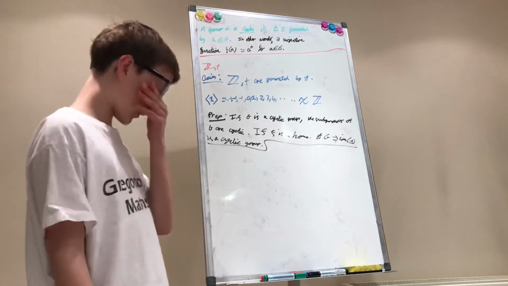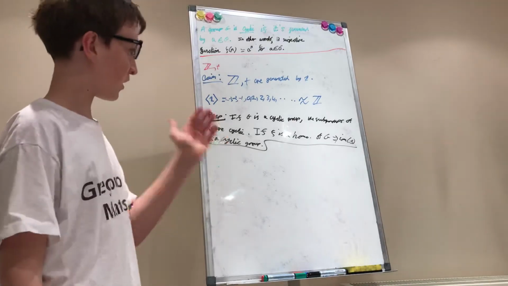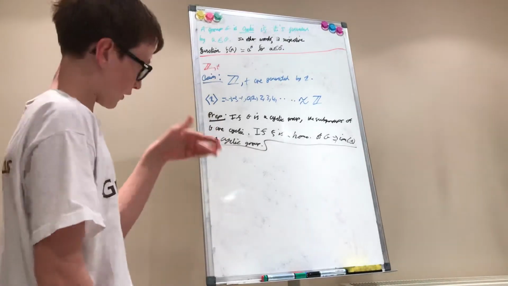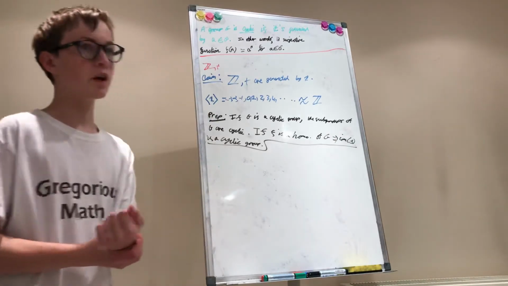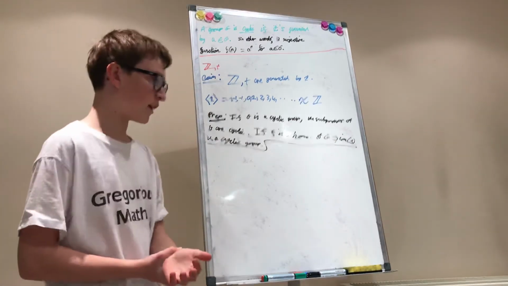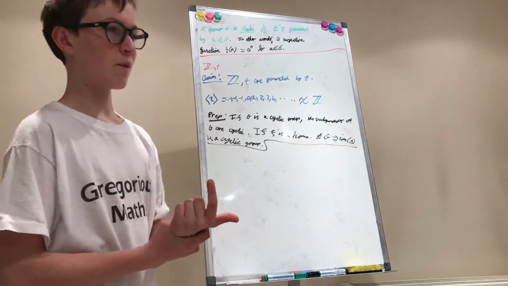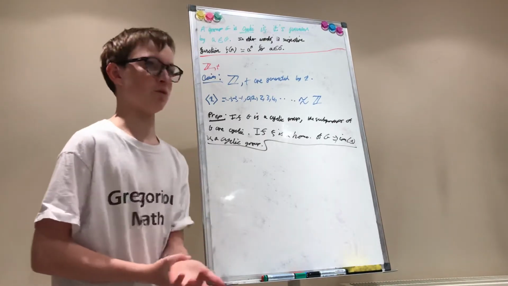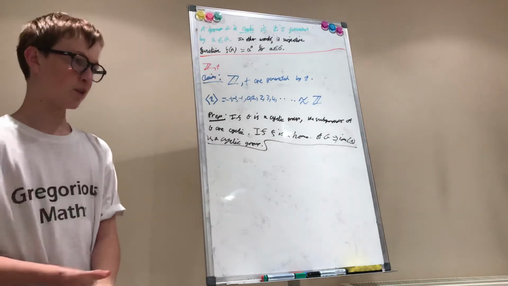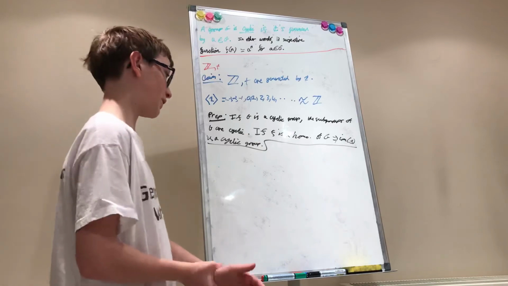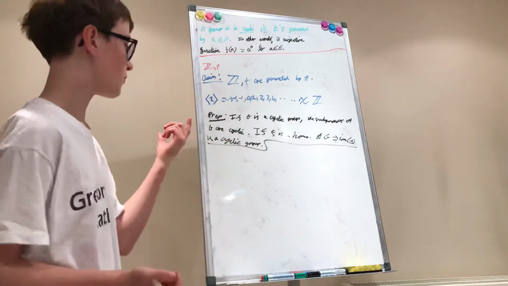Well, we didn't show that the integers and the integers mod n are the only cyclic groups, but because we know that the integers mod n are the subgroups of the integers, and they're all cyclic, we just showed that they're all cyclic. So clearly, the first part is true.